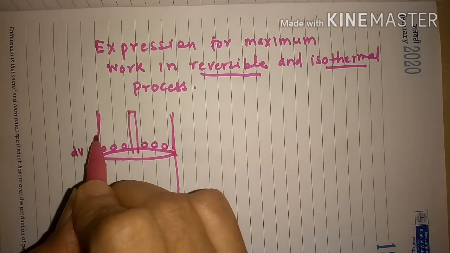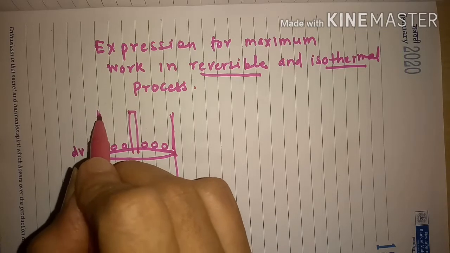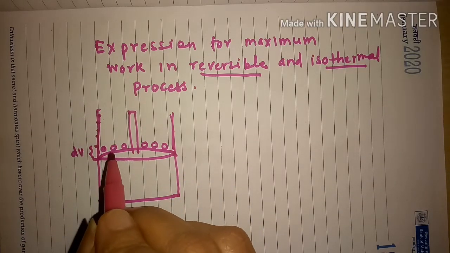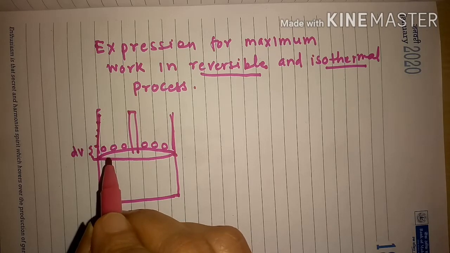This reversible process occurs in a number of steps, and that is why it can be reversed at any step, and maximum work is obtained in this reversible process.